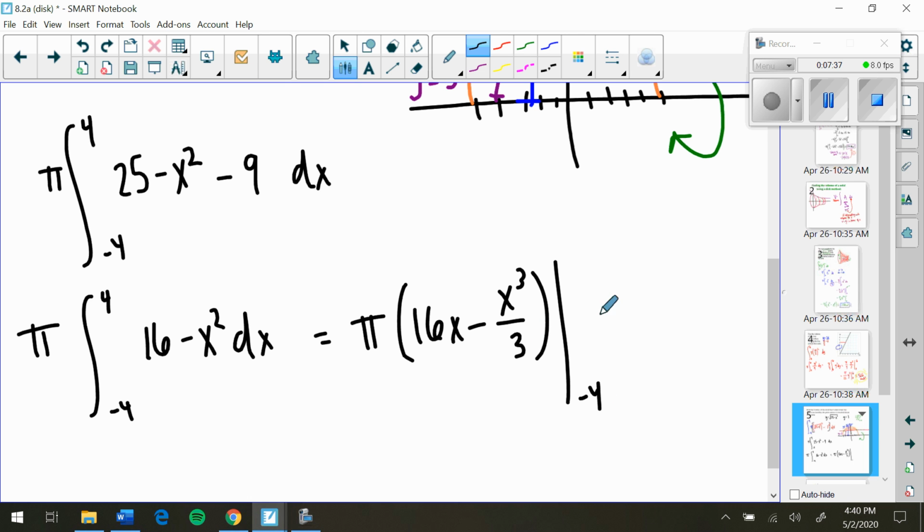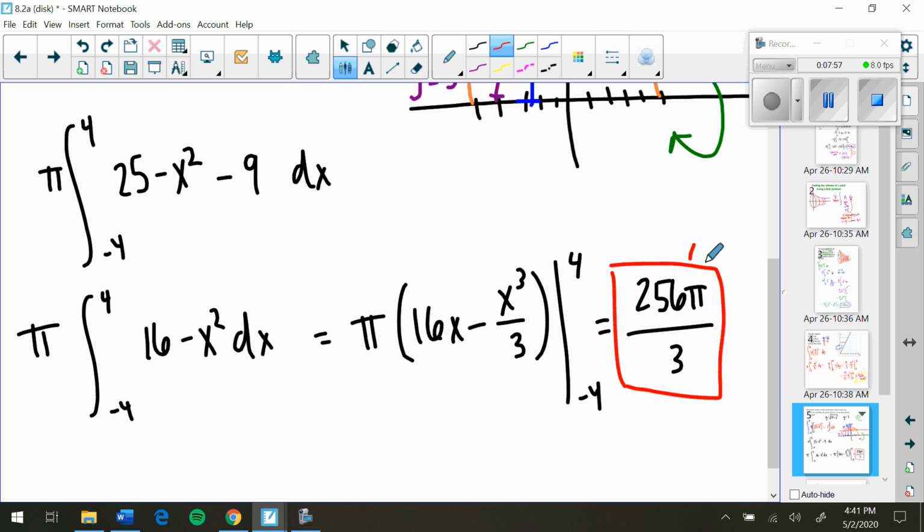And we need to evaluate from negative 4 to 4. Plug in 4, subtract negative 4, and I don't have a perfect answer. I have a big fraction. 256 pi over 3, which I'm not going to plug into my calculator. I'm just going to say that's the answer.